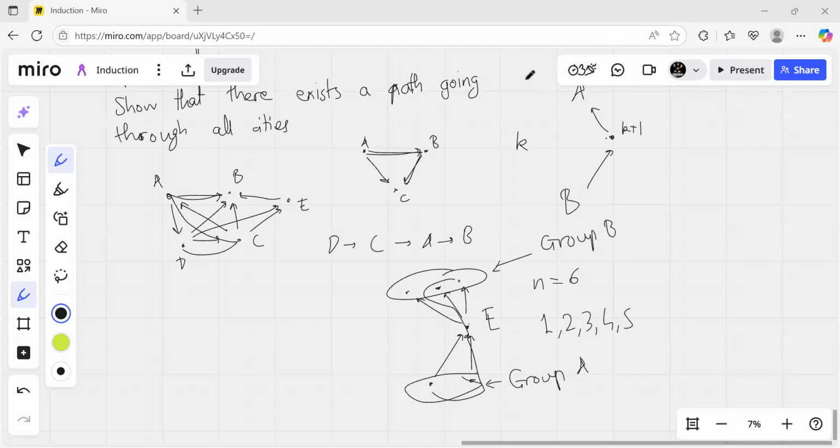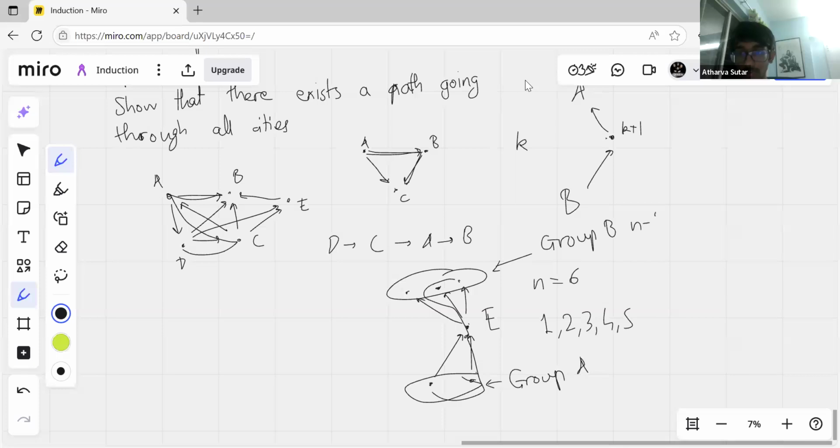What if group A is empty? But that doesn't matter, right? Because then group B would still be n minus 1, which would fall into this set that we have. So we'll just choose E as the starting point and go to some city in group B, whichever is the starting point of that path.